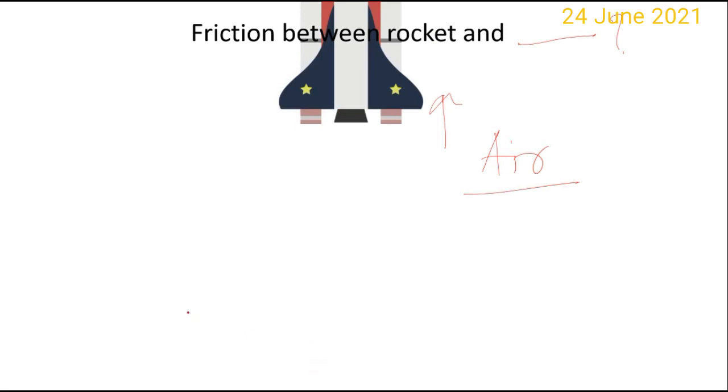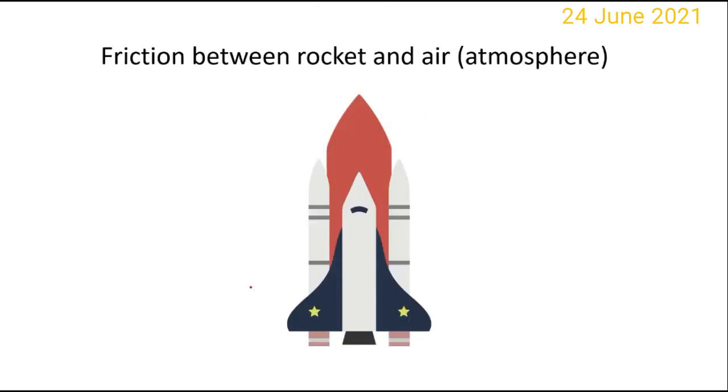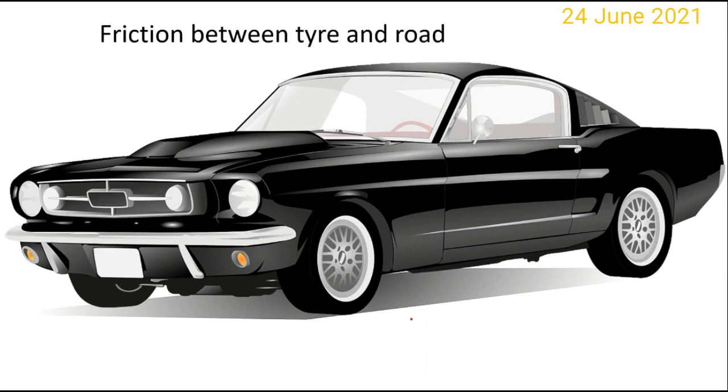And therefore, there is friction between rocket and air of the atmosphere. So there is friction here also. When the vehicle is moving on the road, there is a contact between tire and road. So since there is a contact of this tire and the road, there exists a friction.